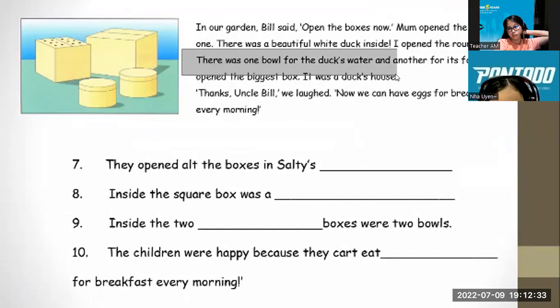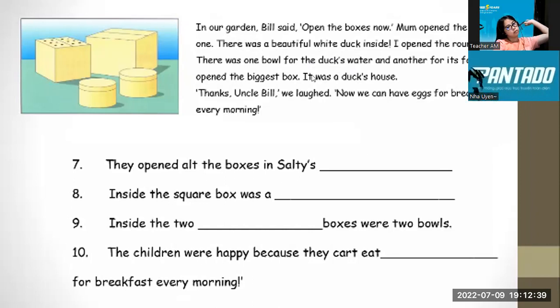There was one bowl for the dog's water and another for its food. John opened the biggest box. It was a house. Thanks, Uncle Bill. Now we can have eggs for breakfast every morning.